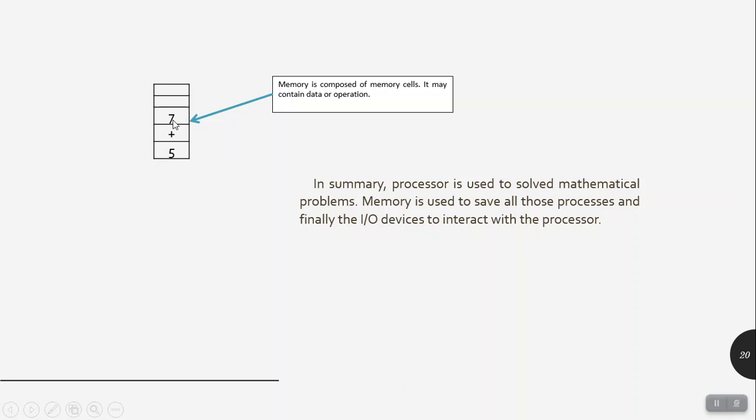So for example, 7 plus 5 is 12, and then we want to add more values to 12. Since it is saved in our memory, we could still retrieve the result from the previous operation. Okay, so there's a purpose for each hardware component.